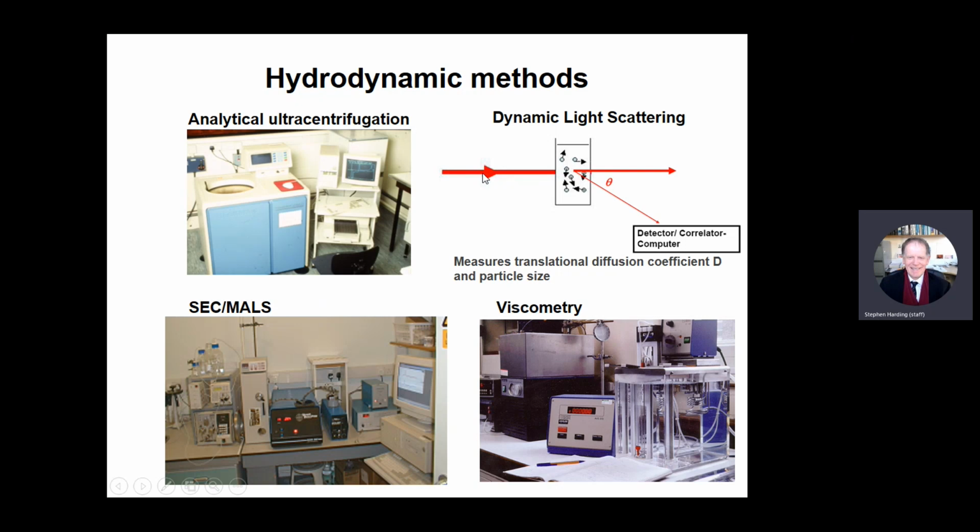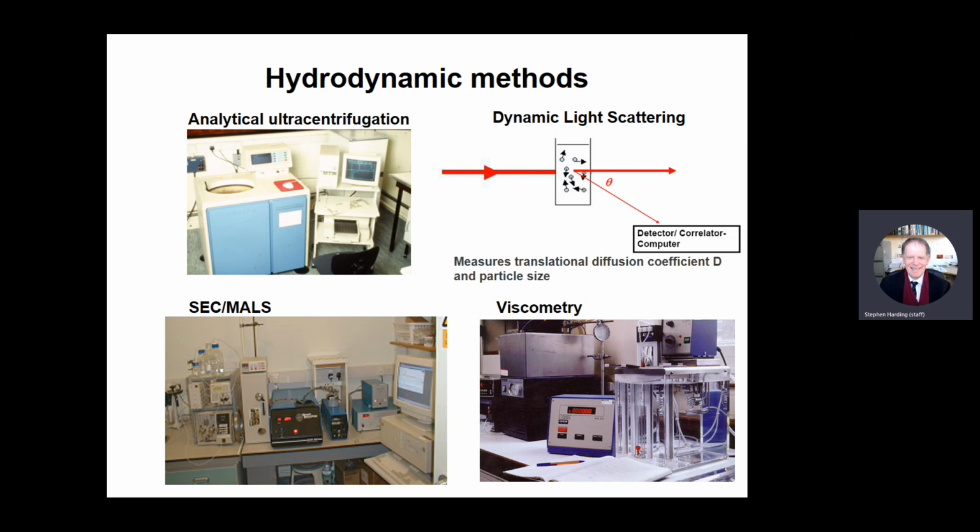So, unlike a spectrophotometer where you're looking at the loss of intensity of the incident beam caused by UV or visible absorption of molecules, you can use this also to look at light scattering as well from the so-called turbidity of the molecular solution, because you will get loss of the intensity of light through scattering, and that sometimes has to be corrected when you're making absorption measurements on solutions.